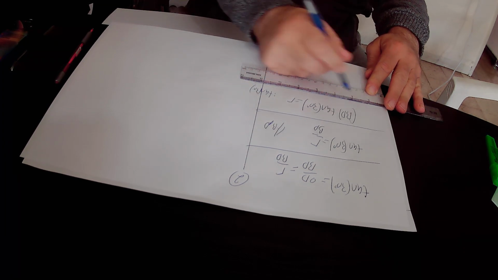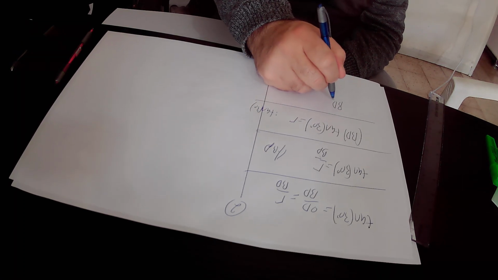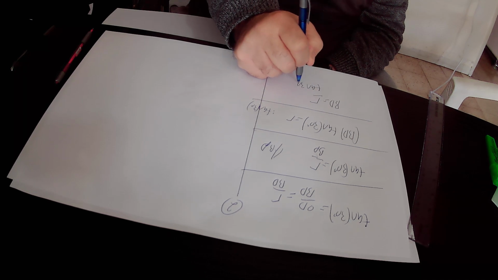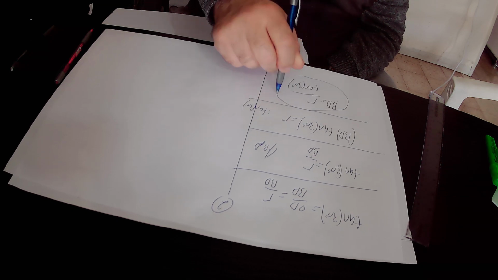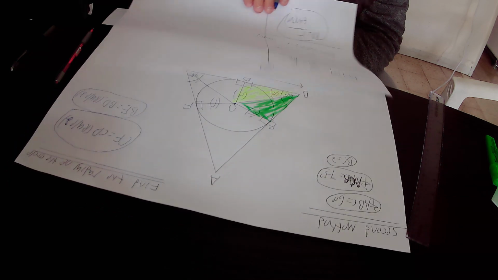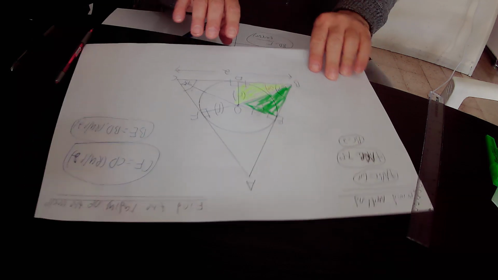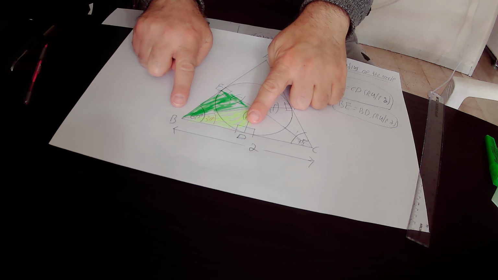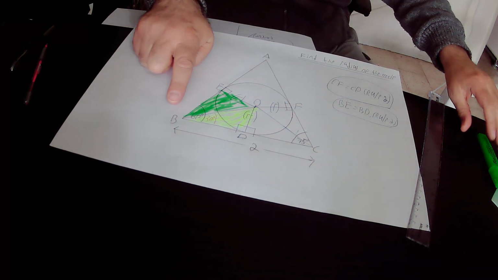Here we divide this equation by tangent 30 degrees, and we get that BD equals R over tangent 30 degrees. So this segment BD equals R over tangent 30 degrees in its length.